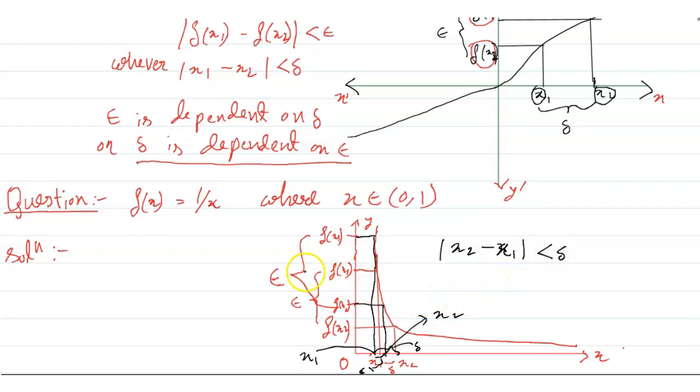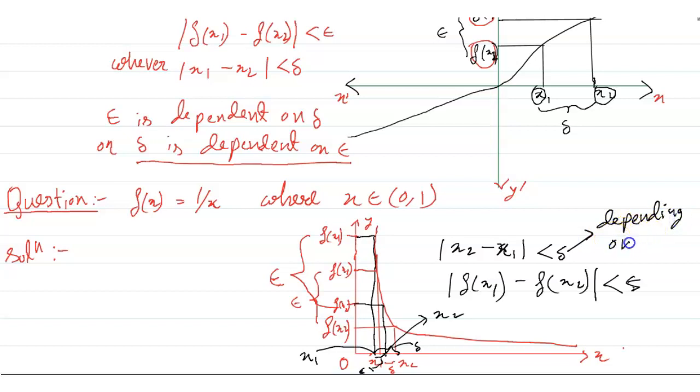So friends, if I change epsilon, meaning |f(x1) - f(x2)| < epsilon, I get delta according to the point. Delta is depending on the point.